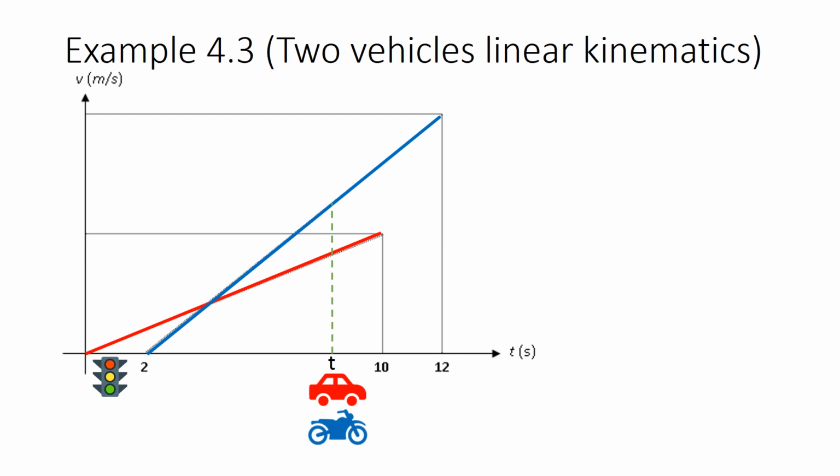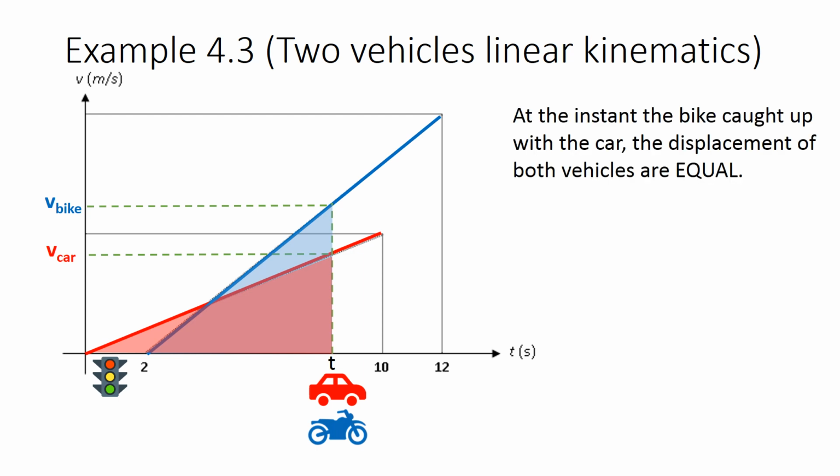Now, at this instant t, they will have different velocity data, but we know that the area under a VT graph will indicate the displacement traveled. This is the displacement traveled by the car. This is the displacement traveled by the bike.